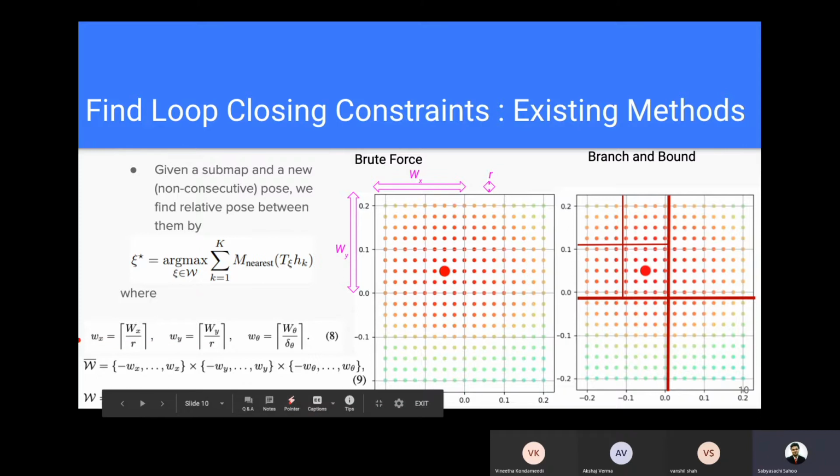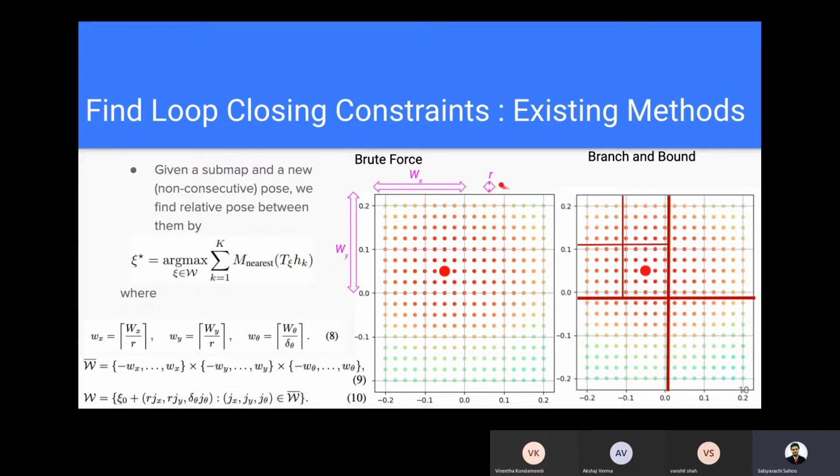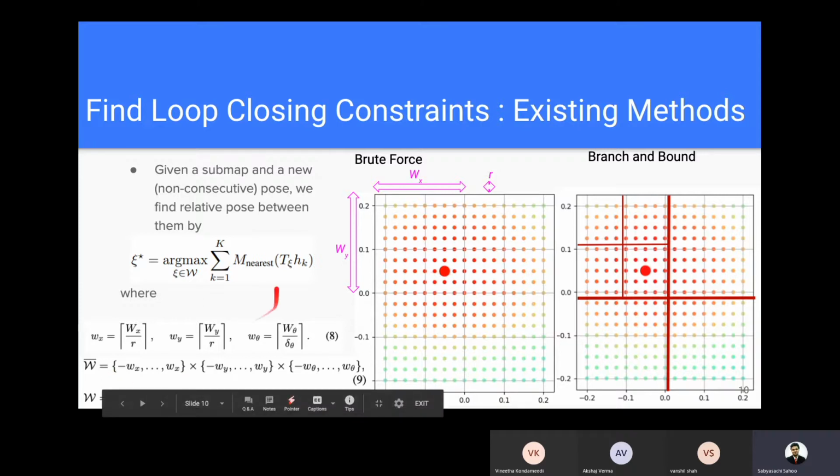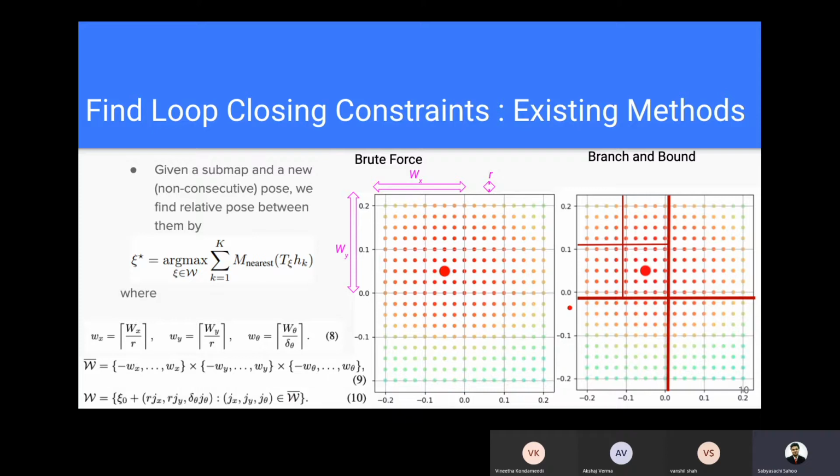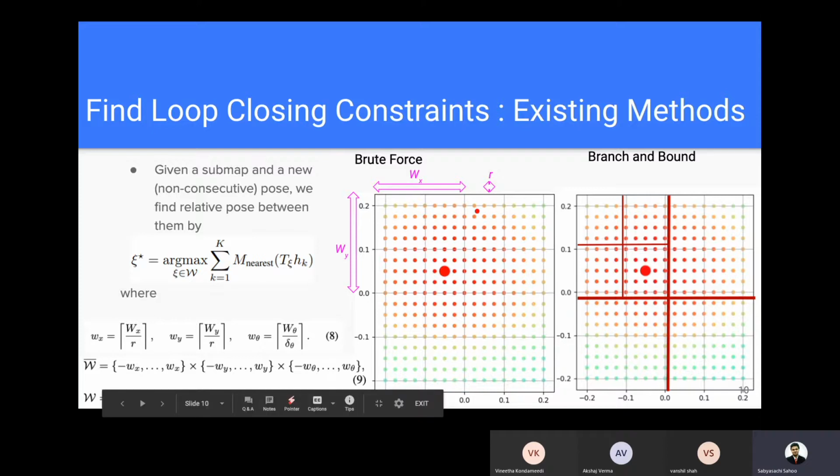Okay, fine. So Wx is the... and so what are small Wx? These are the integers with which you multiply your R, that is the step size. Let's say from your 0, 0, you take this search window that represents minus 10 to 10 in the x-axis and minus 10 to 10 in the y-axis. So essentially you have a grid of 100 points.